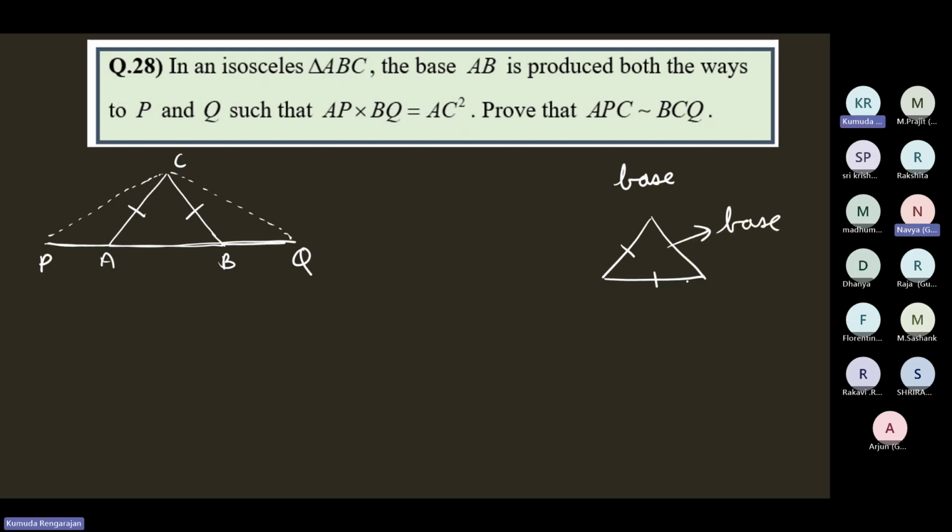Base need not be the side on which the triangle stands. It looks like the triangle is on this one, no? So we normally feel this is the base. I'm not saying it's not the base. But in an isosceles triangle, when you have to understand correctly which side is referred to as the base, remember that the equal sides are not called the base. So if these two sides are equal, then this is the base.